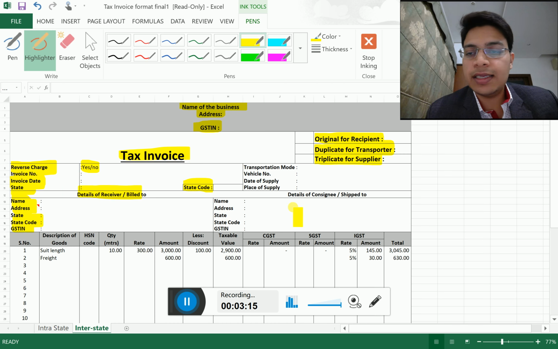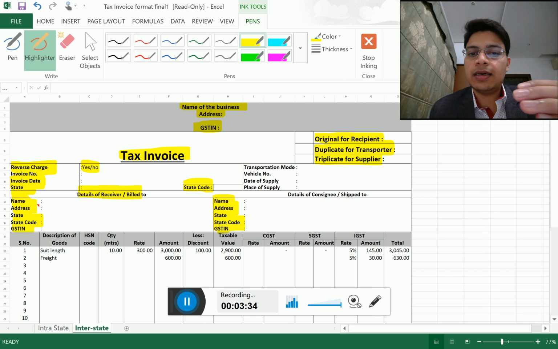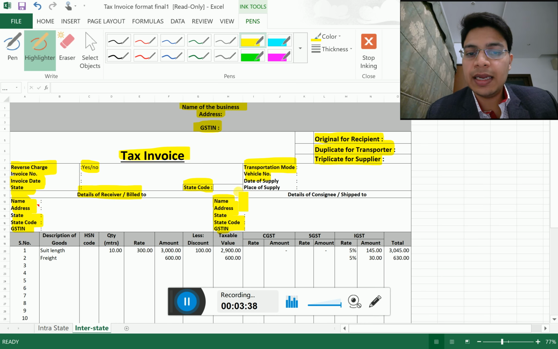Like in this case, you'll have to mention the name where the goods are shipped, name of the place, name of the person, address of the person, name of the state code, GSTIN of that place, and the transportation mode, how are you transporting the goods, vehicle number, date of supply, place of supply.